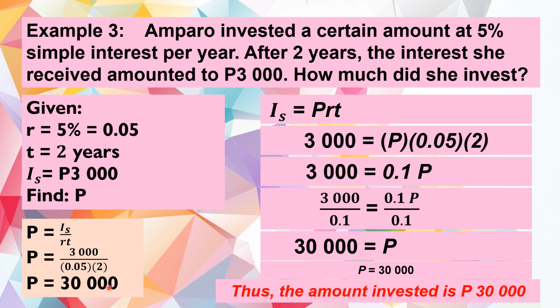Simplifying this, we have now 30,000. So, I use this formula instead of the other formula so that I would no longer memorize another formula. But whichever is the easiest for you, yun ang gamitin nyo since we will get the same answer.